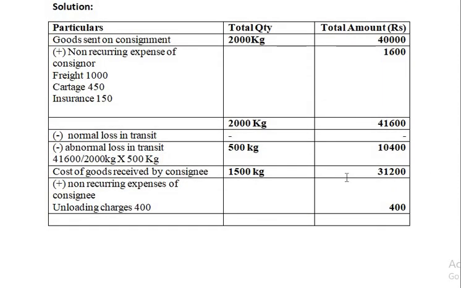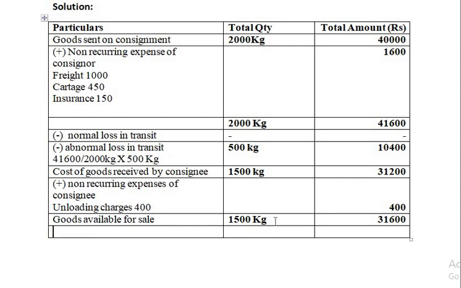You will get goods available for sale: 1500 kg and 31,200 plus 400, 31,600.